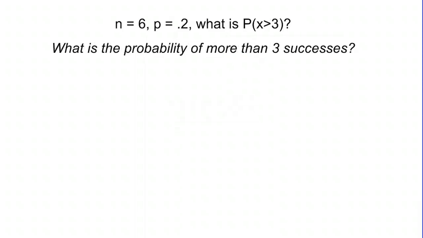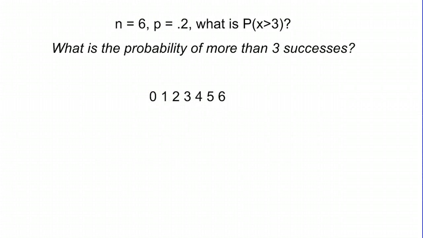These next ones get a little bit complicated, and to do these I'm going to recommend writing out a list of numbers and then drawing around it. It says, what is the probability, that's what the big P stands for, that x is greater than 3, more than 3 successes. I have 6 trials, so I do 0, 1, 2, 3, 4, 5, 6, and I always start my list at 0.